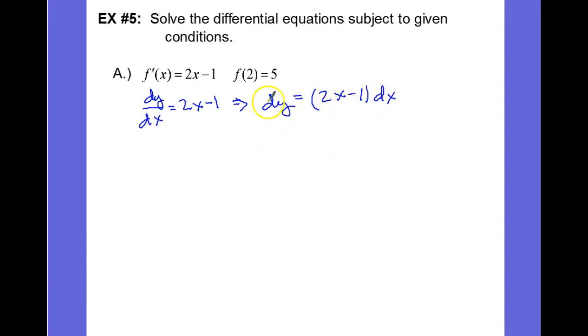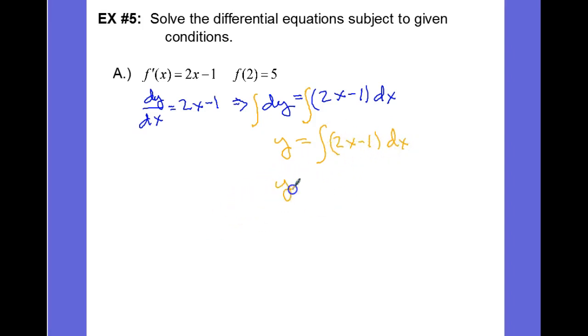At this point, I want to solve this equation for y, and to do that, I have to undo the derivatives. I have to undo the differential. So the integral of dy gives me a y. And here is my problem: the integral of (2x minus 1) dx. And we know how to do this.